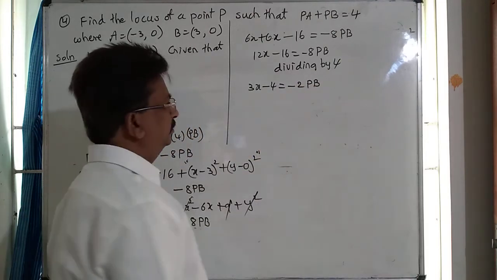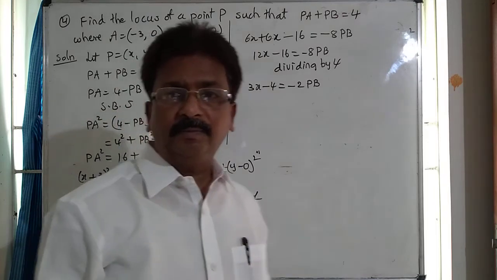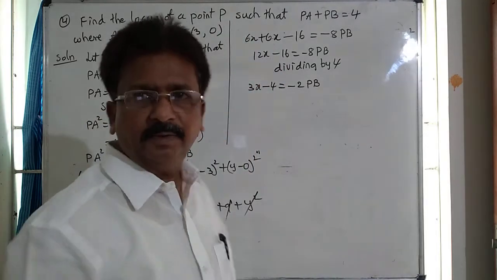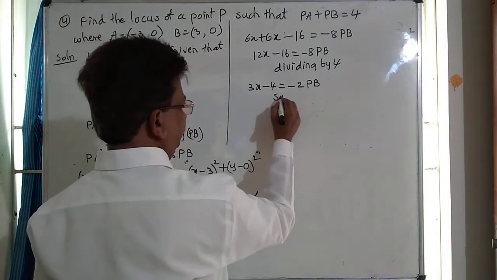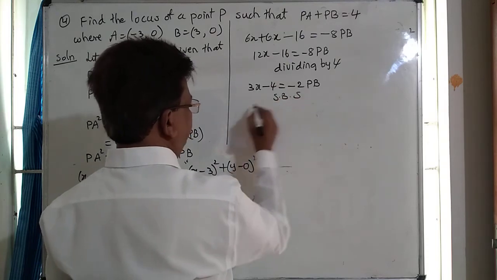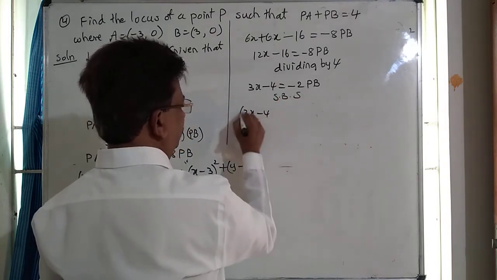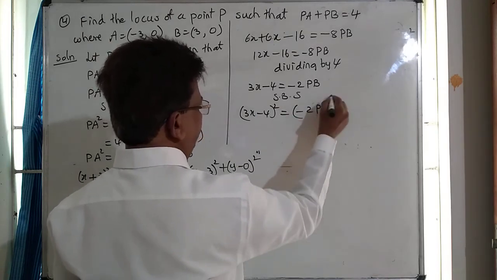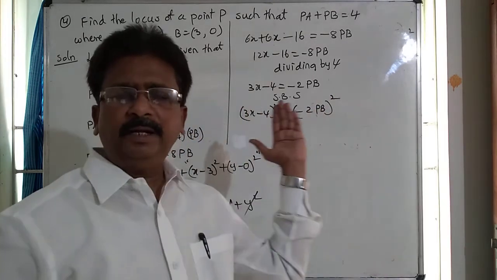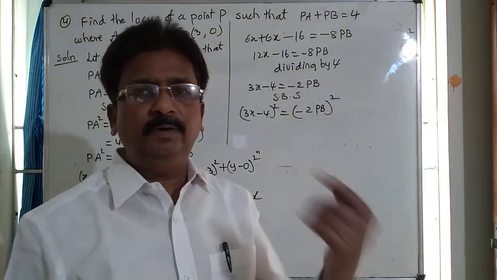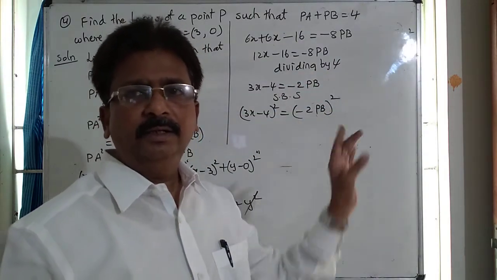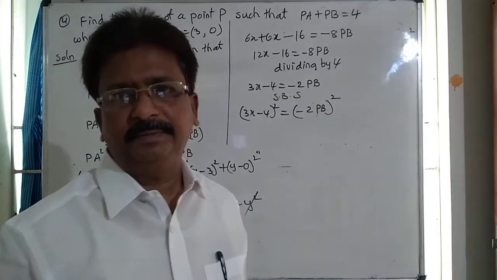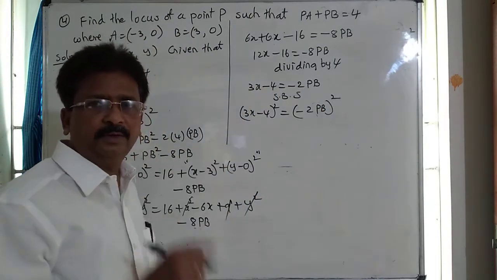Okay. Now let us square on both sides. Squaring on both sides. 3x minus 4 whole square is equal to minus 2 into PB whole square. In the left side we have to expand in the (a minus b) whole square form. In the right side 2 square and PB square. Both we have to write.